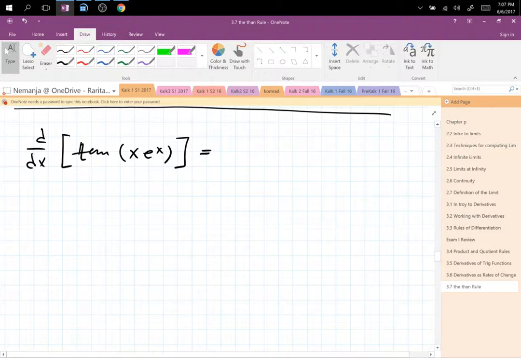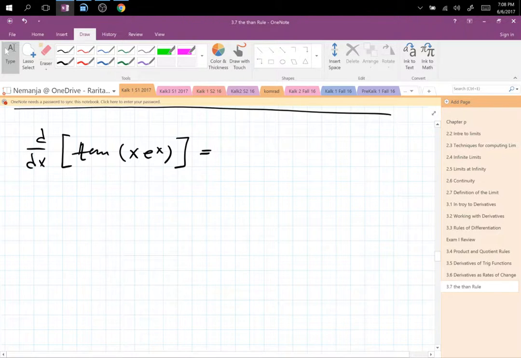Okay, so then you take the derivative of tan x. What is that? Like secant squared or something? Yes. Secant squared x, and then multiply that by x e to the x again, and then I'm lost again.